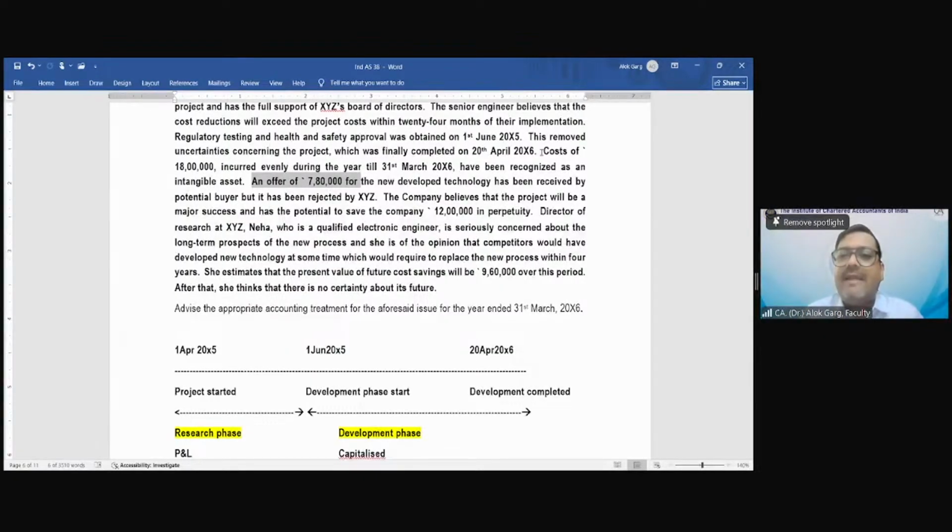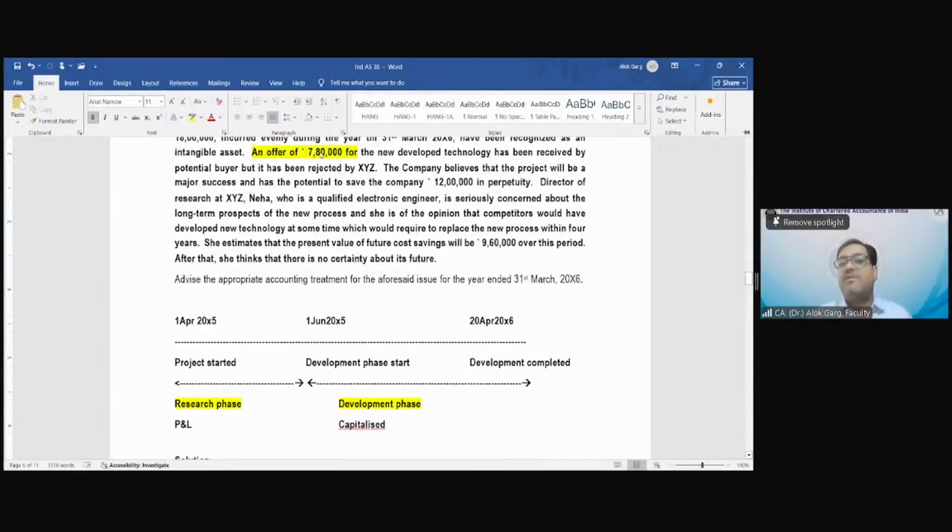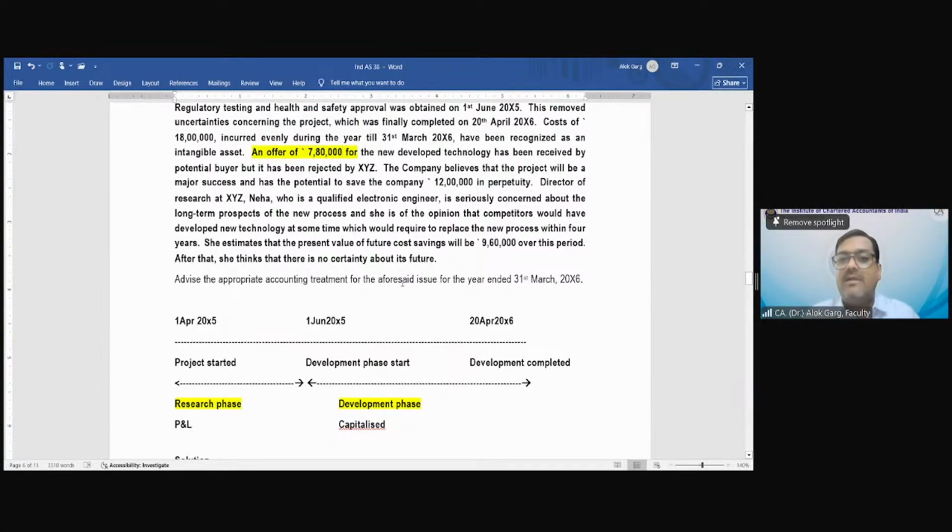And recoverable value is the higher of fair value less cost to sell and value in use. So this company got a price quote from a buyer for 7,80,000, which the company has rejected. Why? Because the company believes it has the potential to save money in future, which is too big.